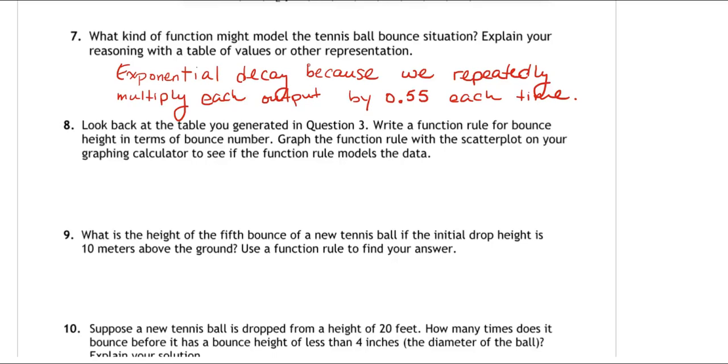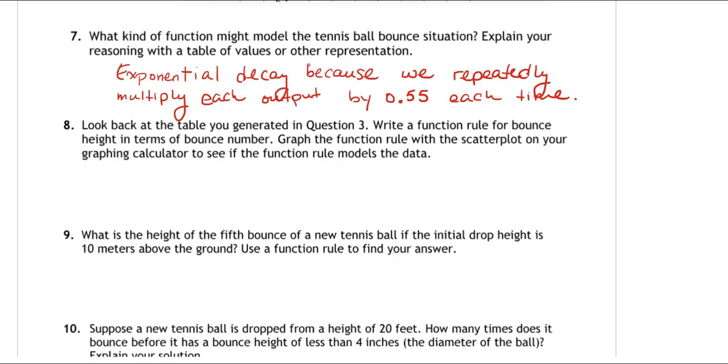Exponential decay, which you've learned about in the past when you've done exponential functions in advanced algebra. When you do those, what you remember is that you're multiplying by the same value every single time over and over and over.